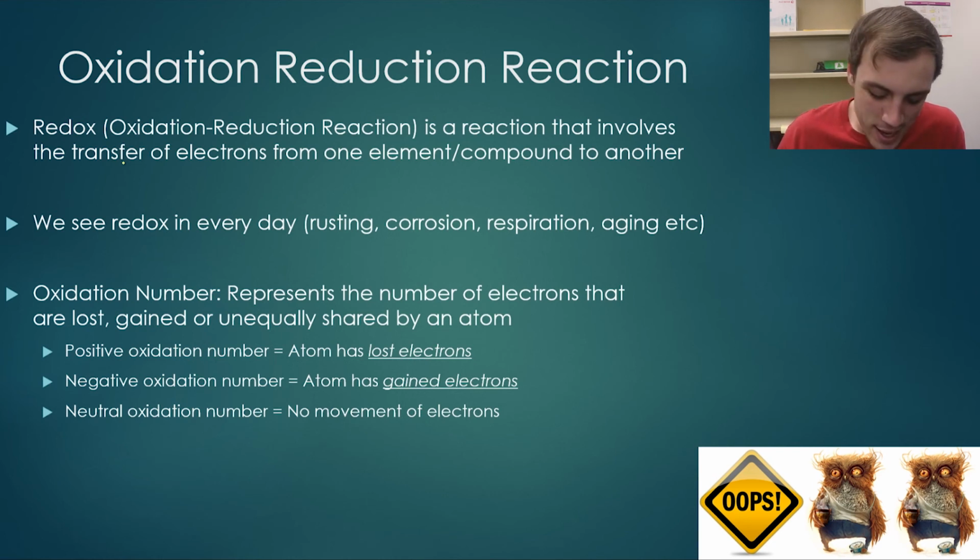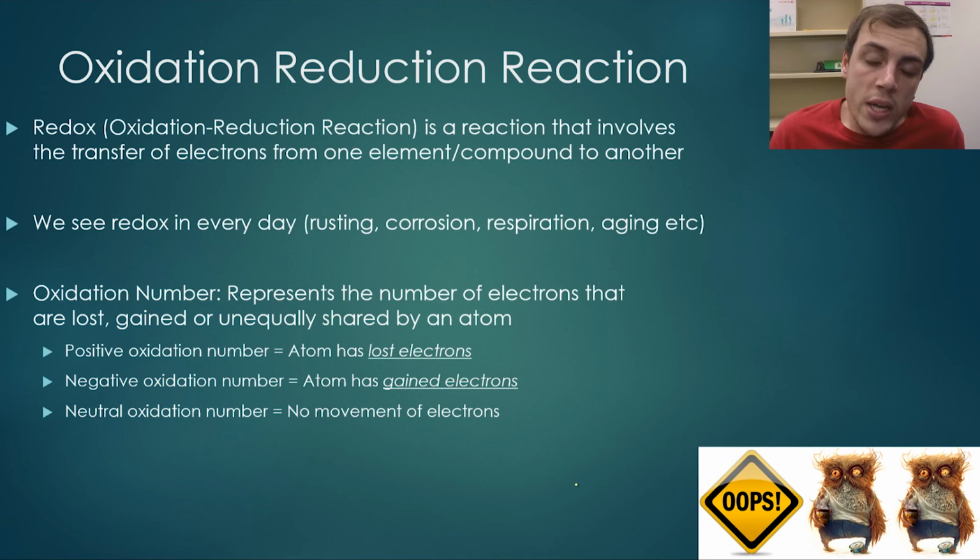Now, what this oxidation number represents is it will show us how many electrons are lost, gained, or nothing has changed. So it's the representation of a charge. Now, if you have a positive oxidation number or a positive charge, it means that element has lost electrons. If it's a negative oxidation number, it means it's gained electrons. And if it's neutral, so if it doesn't have a charge, it means there's no movement.